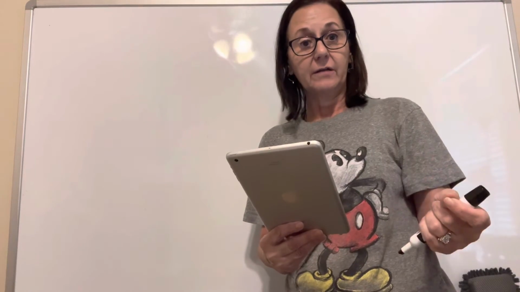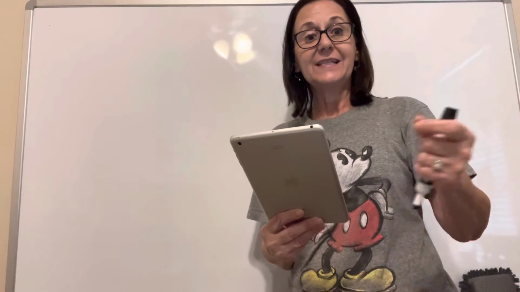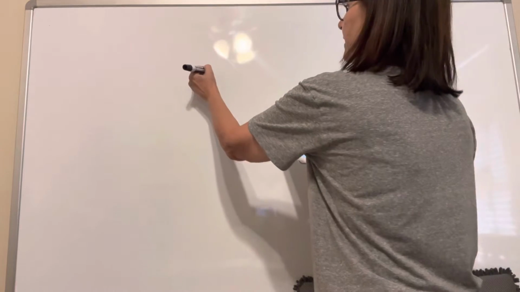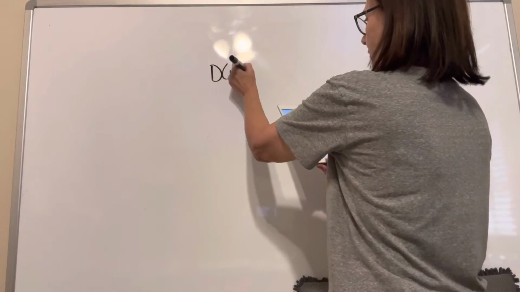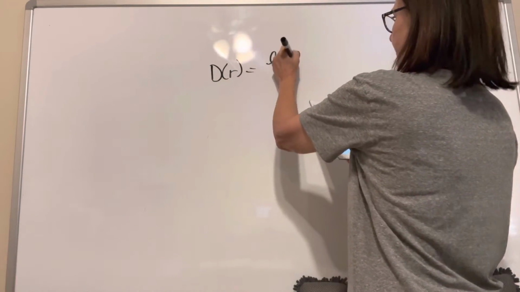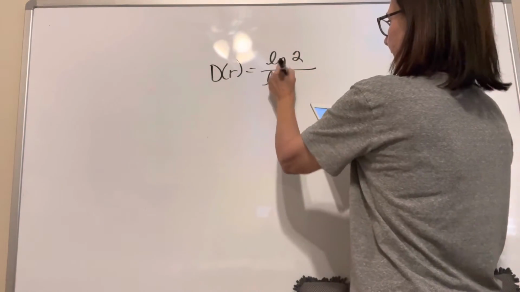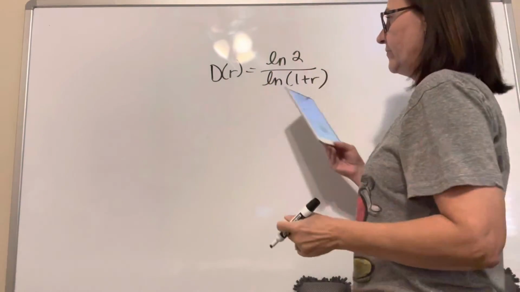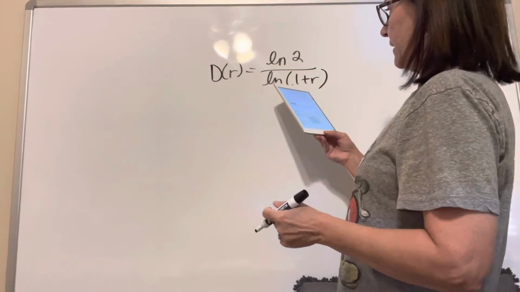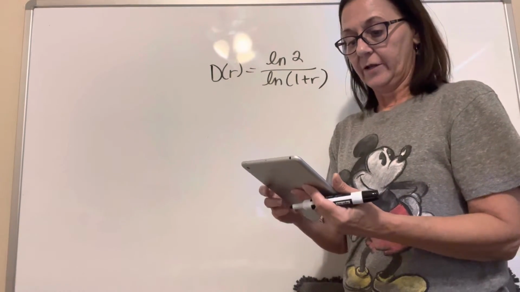So dr is years it takes to double. So the years it takes to double equals the ln of 2 over the ln of 1 plus the rate. So we have two variables, time it takes to double and your annual rate.